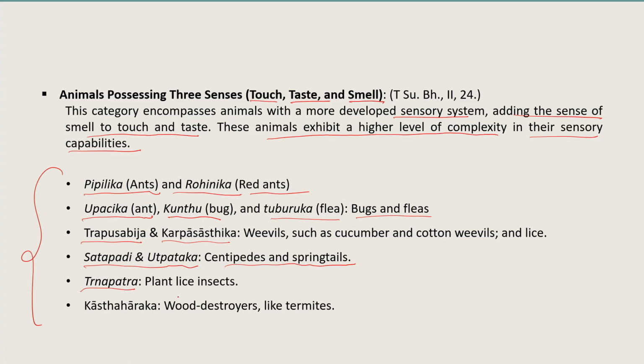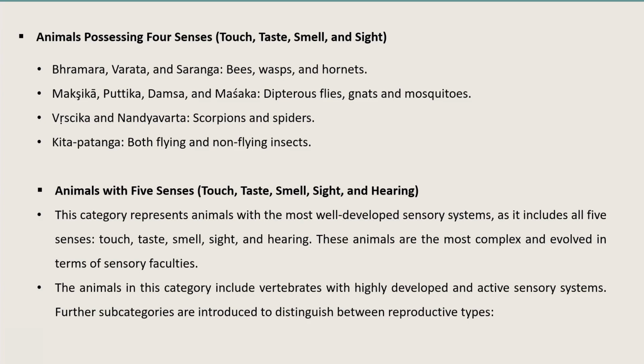Trinapatra, plant lice insects, and next is Kashtharak, wood destroyers like termites. Next is animals possessing 4 senses: touch, taste, smell and sight.